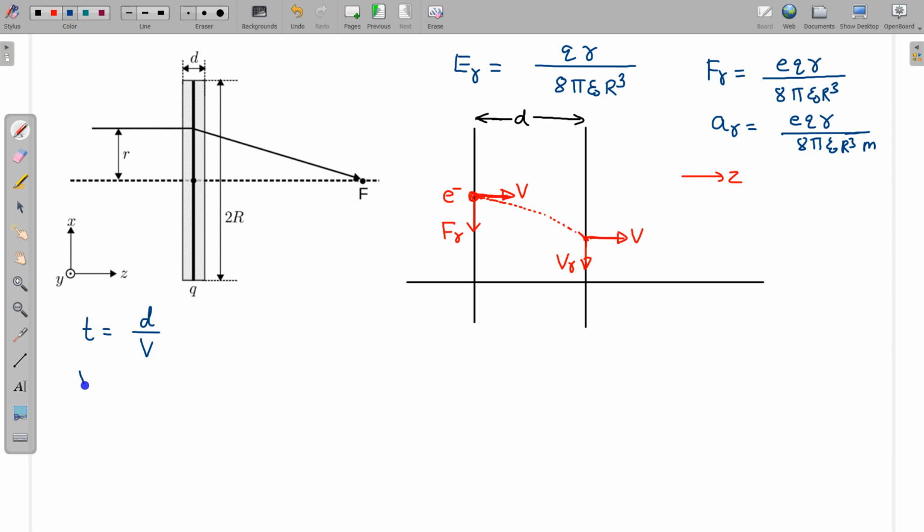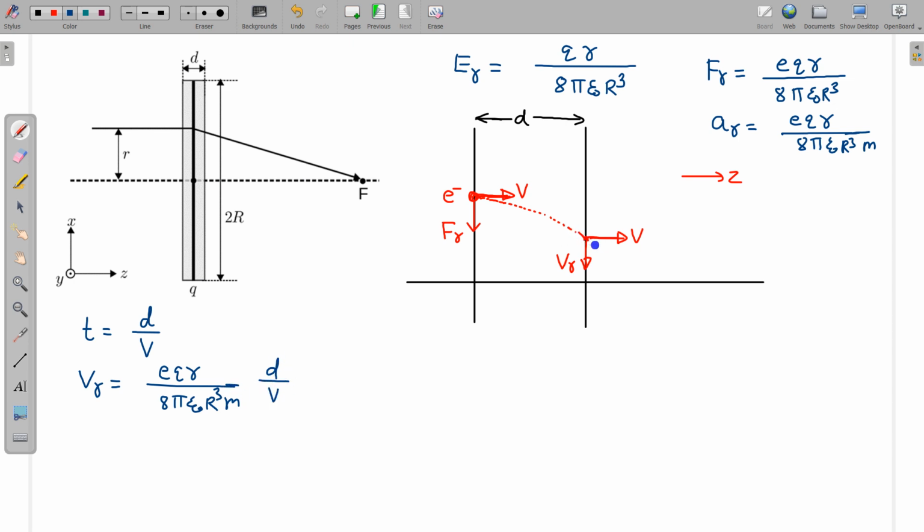This is simply v = u + at for a constant acceleration case. So this Vr is equal to the initial radial velocity, which is 0, plus acceleration. The acceleration is simply EQR divided by 8 pi epsilon naught r cube mass, multiplied by this time. So this will give Vr.